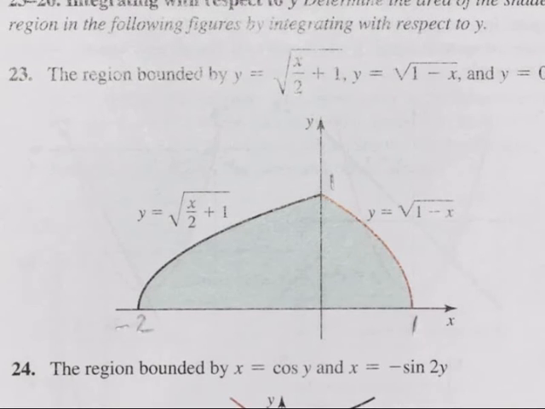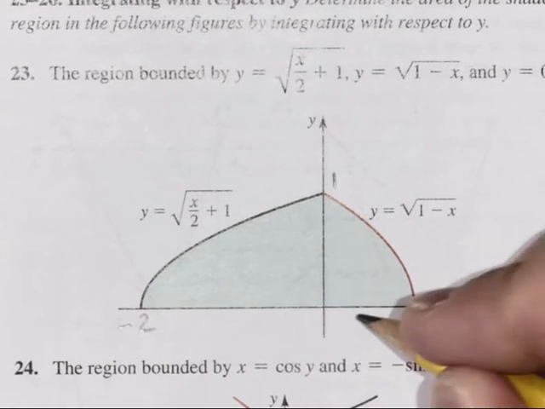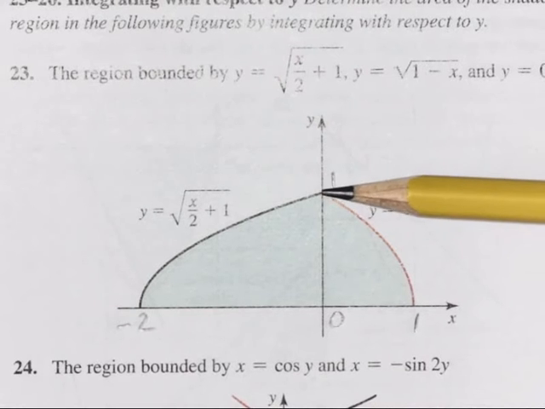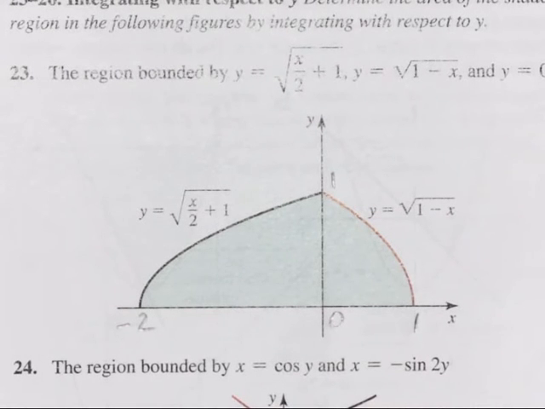So I pretty much already know this is 0, so I got that part. Now I need to figure out what this value is here.